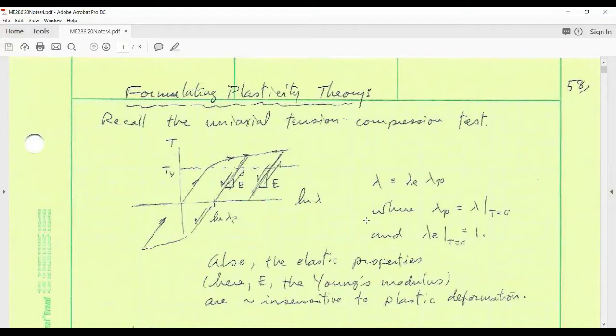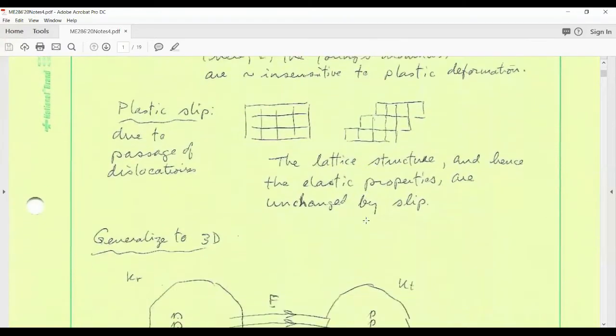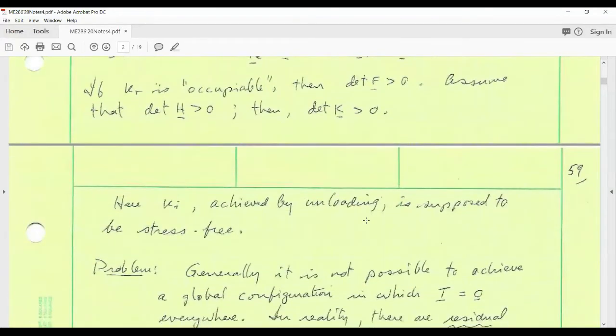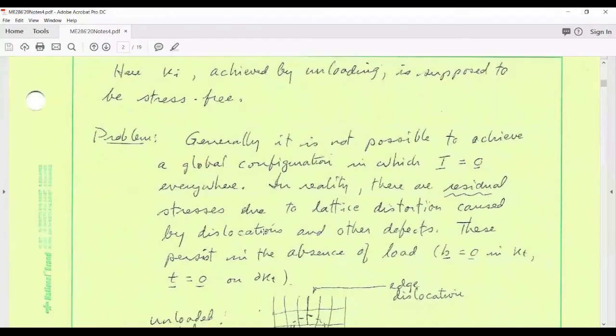The difficulty is that we can't really do that for the following reason. The presumption in this argument is that kappa I is achieved by unloading and is supposed to be stress-free to preserve the analogy with the uniaxial case. The problem is that we generally cannot unload a body to zero stress everywhere.